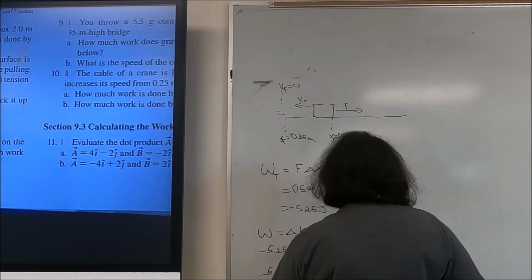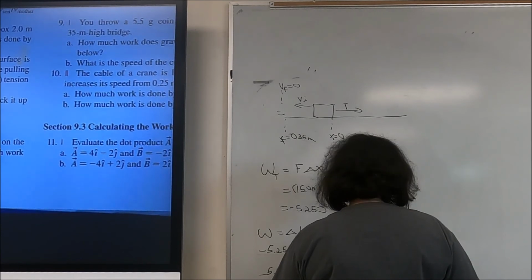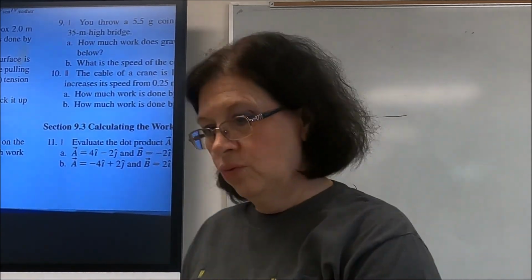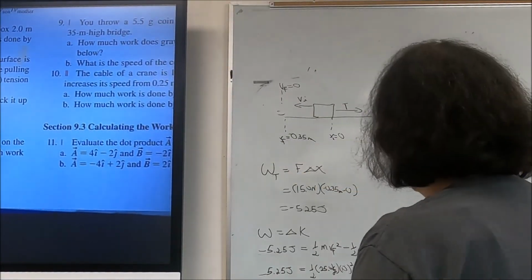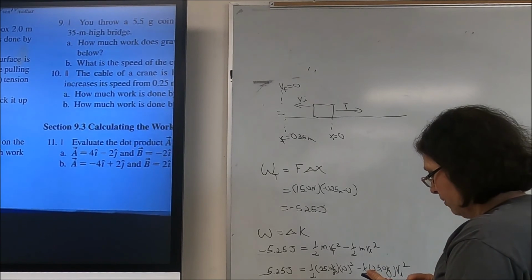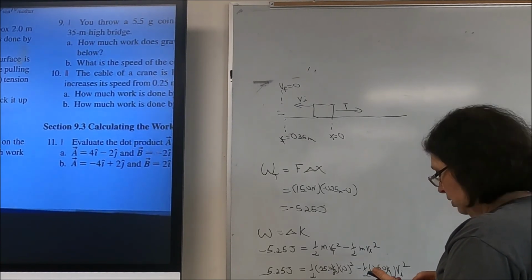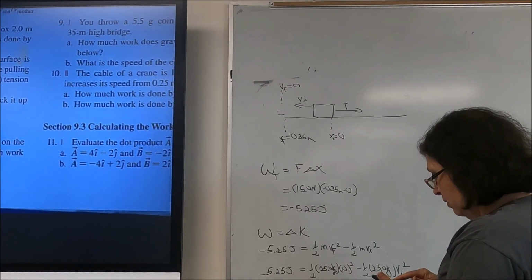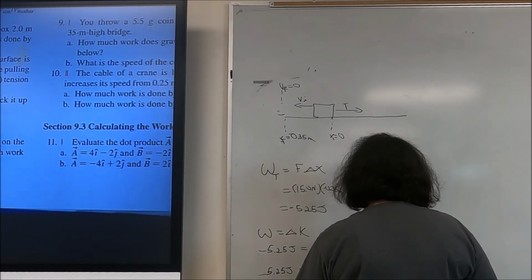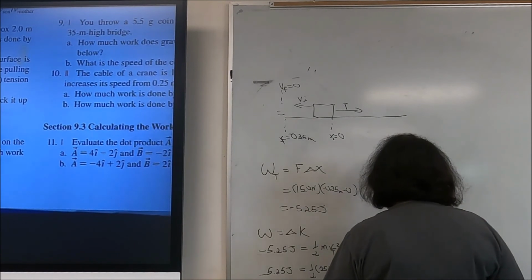So if I solve for v initial, I am going to get 5.25 times 2 divided by 25, take the square root, 0.648 meters per second. Now, that is a speed.